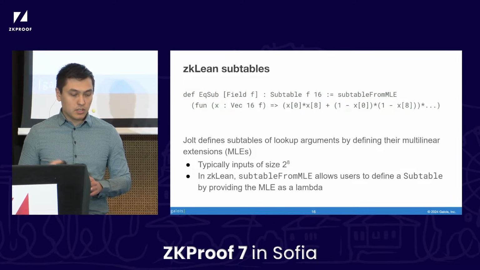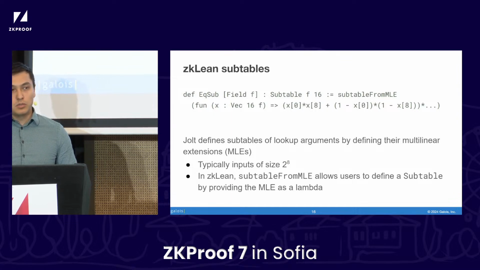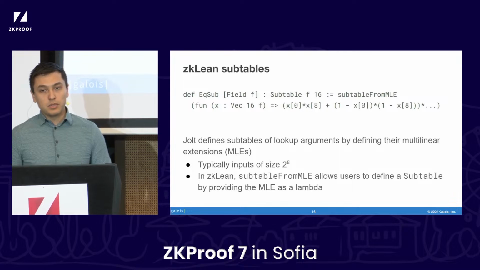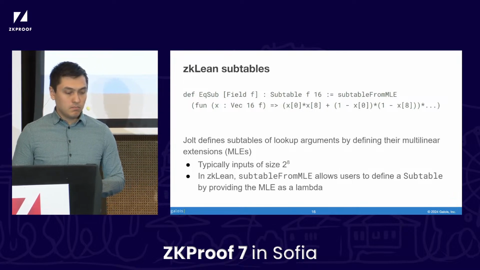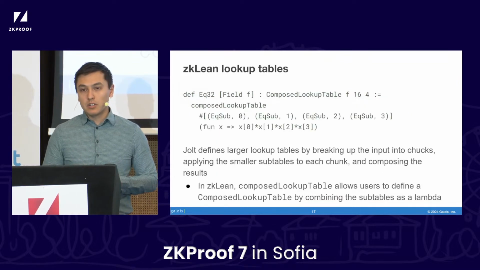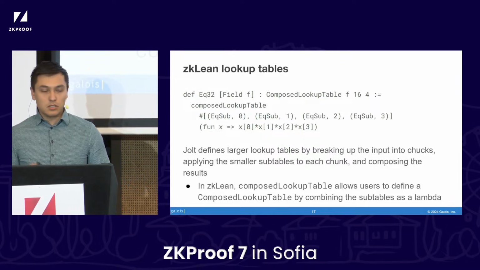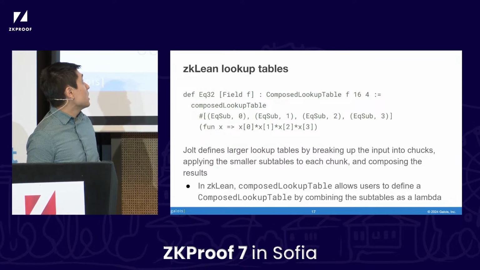One thing additionally to note is that Jolt breaks up lookup tables into smaller lookup tables that are of input size 2 to the 8. And then it composes these smaller 8-bit lookup tables into larger lookup tables, like 32-bit lookup tables, by using these composition functions.